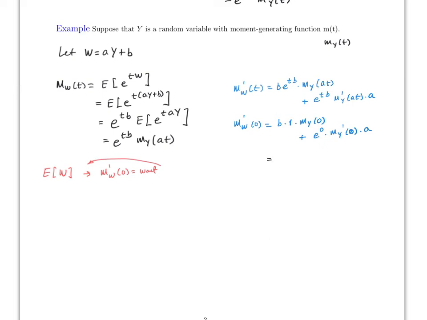So it will be b times 1 plus 1 times this, which remember is the first moment, that's just the expected value of y times a. So you rearrange this as a times the expected value of y plus b, which is exactly what we had before.